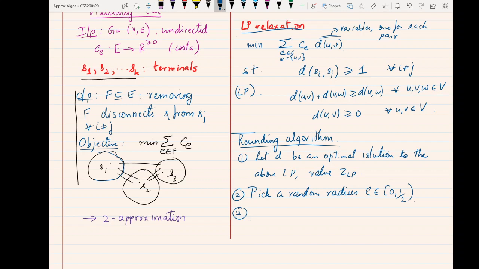We define the sets Vi as the set of u such that d of Si, u is less than rho, and we return the union of the edges going across each of these cuts.